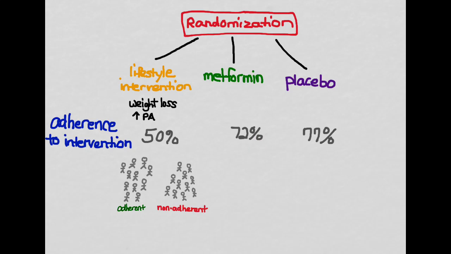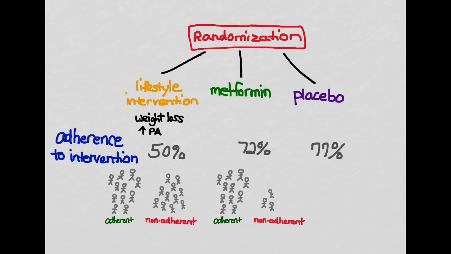So something that's really important with drug trials is that if you only analyze the adherent people in a drug trial, these people who are not adherent may be people who are getting bad side effects, okay?